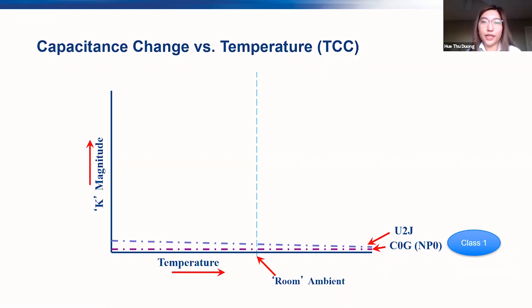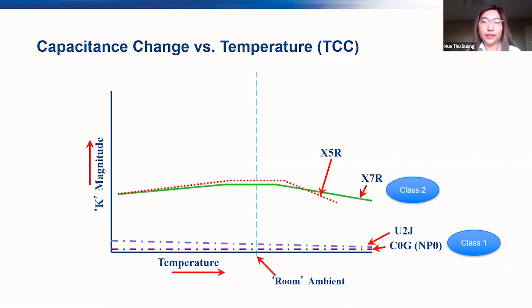Class 2 dielectrics such as X7R or X5R have a higher dielectric constant compared to class 1, which results in higher capacitance values compared to class 1. Although they have higher capacitance capabilities, they are less stable over the temperature range.